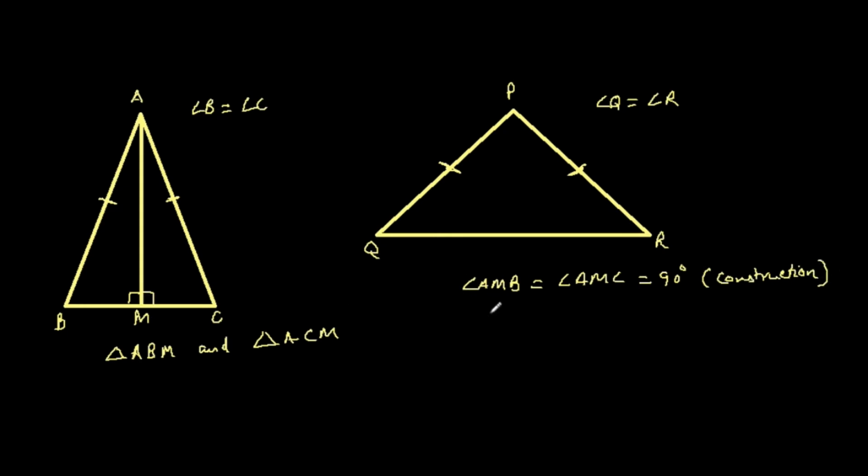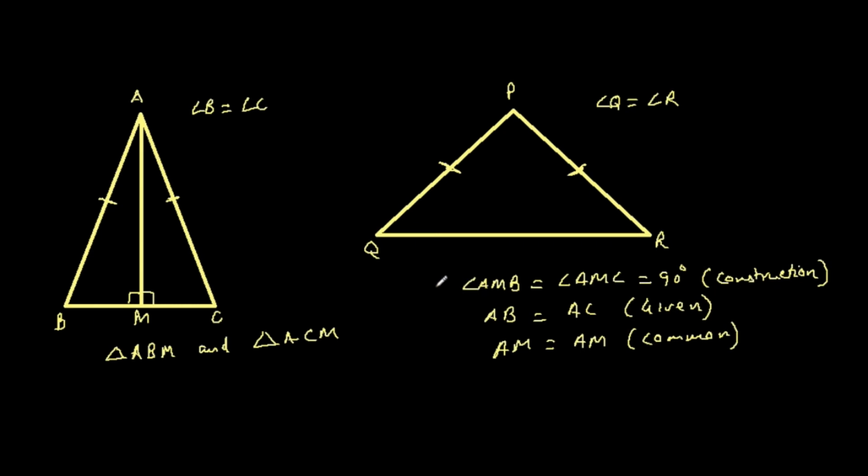We know that AB is equal to AC, which is given, and we know that AM is equal to AM, which is a common side in both the triangles.